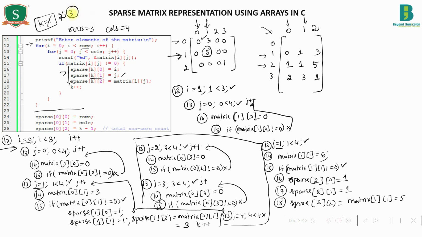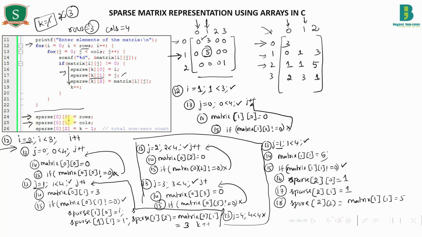So this k value represents the total number of non-zero values in the main matrix. Our next job is to update the sparse matrix's 0th row representation. Sparse matrix of 0th row and 0th column: the number of rows is 3, so 3 is updated here.